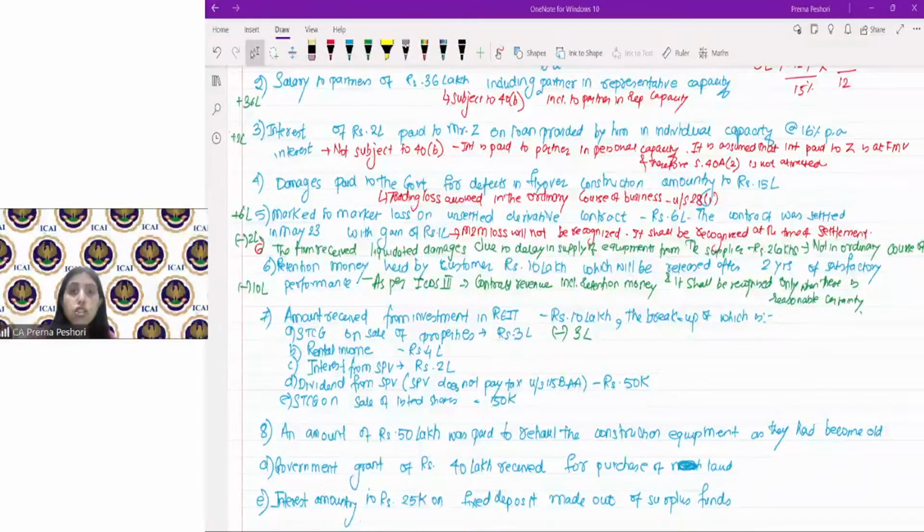The only differentiation arises when the business of the assessee is that of letting out of the properties. If the business of the assessee is letting out of the property, only then it goes to PGBP. Income from even commercial letting out is never considered as other sources, Kaushiki. Are you clear? Yes. So which particular head will we consider?